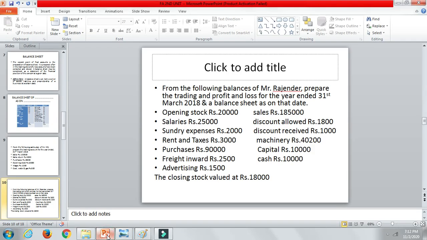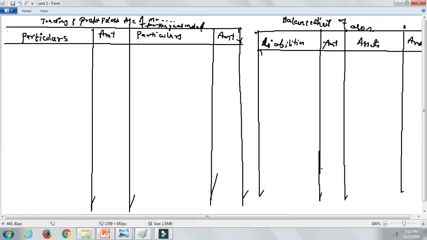Let's take down all the items of the trading and profit and loss account first. Mr. Rajendra, it is the name, sorry. Rajendra, 31/3/2018. Let's take sales first.